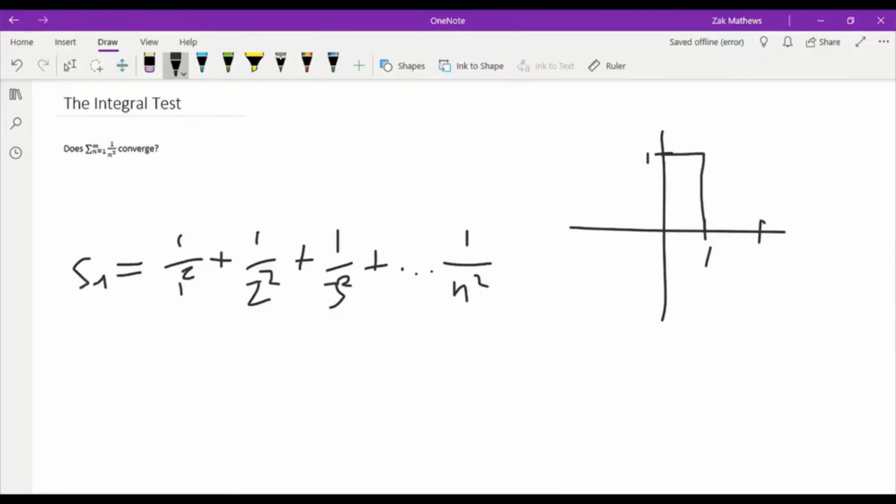So that would be giving us a total area of 1 1/4. Then at 3, we'd be adding this 1 over 3 squared, or 1/9. The little bars aren't representing my new sums. The total area under these bars is representing my sum. It's going to continue to go downwards, so it definitely is approaching 0.